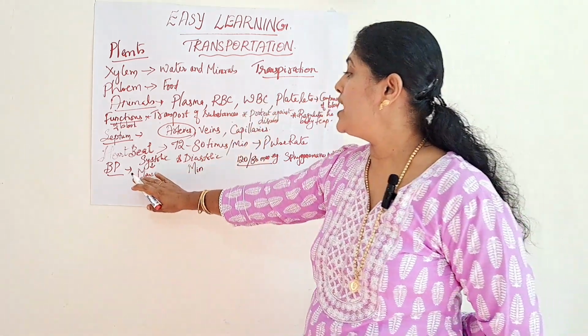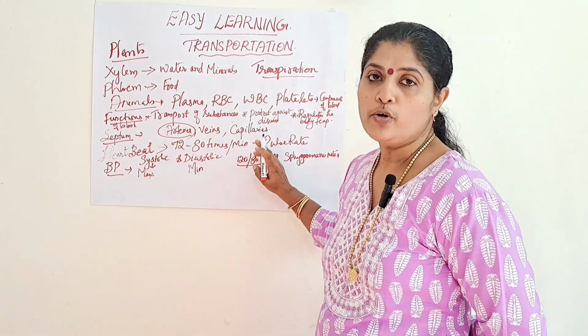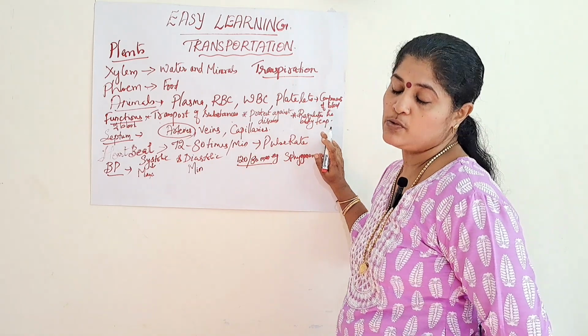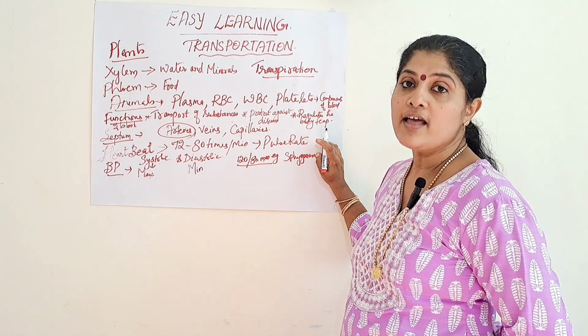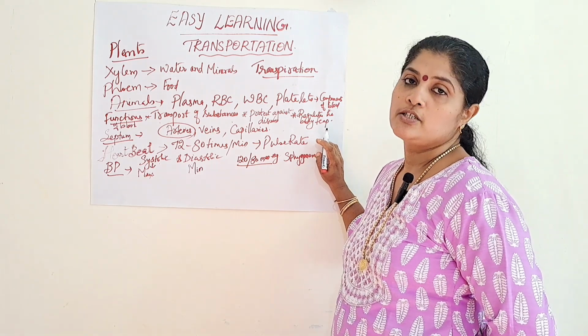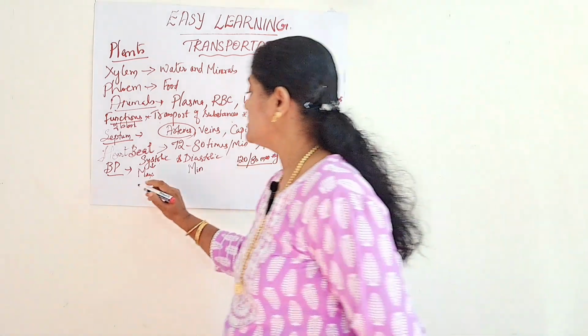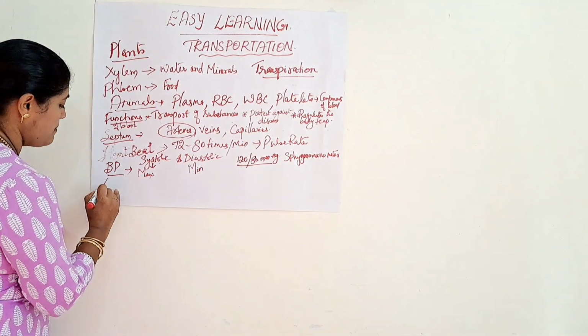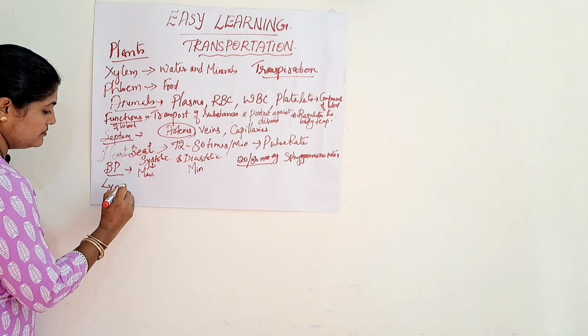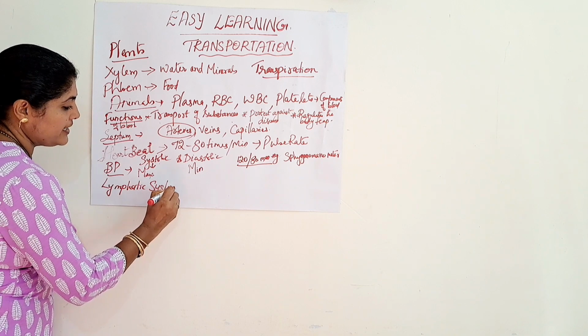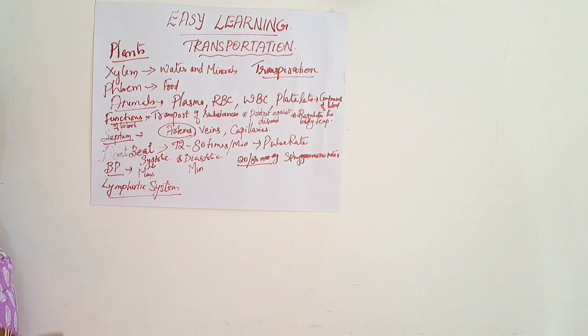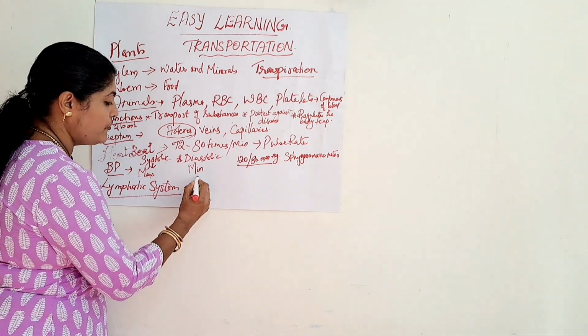Okay, next we will move on to one more system present inside the human body along with the circulatory system, that is the lymphatic system. Here the medium is lymph.